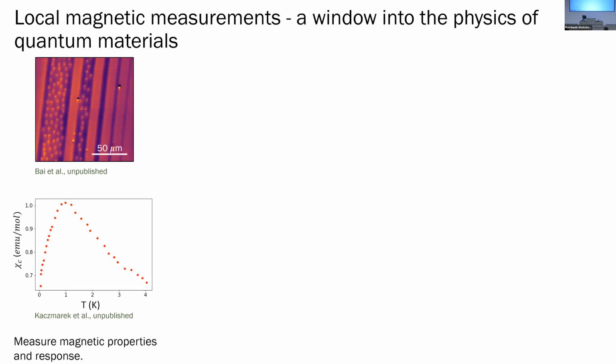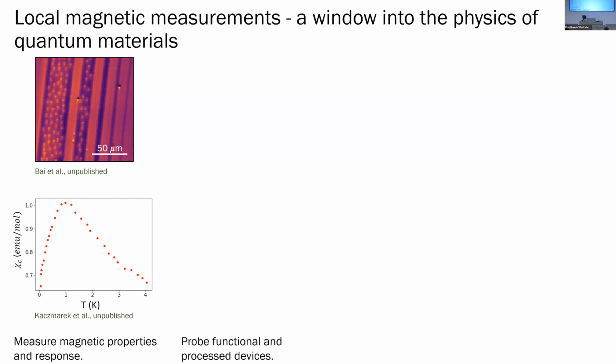Or you can measure the magnetic response, say, of a magnetically frustrated material. This is a measurement on thin film terbium indate, which is a spin liquid candidate. And this is just one measurement in one location, but of course you can do that also spatially resolved.